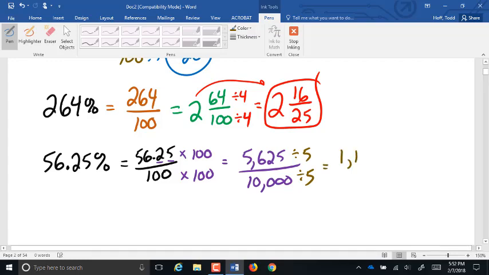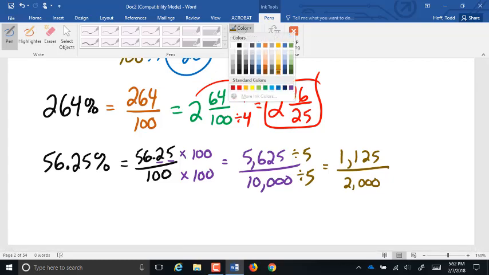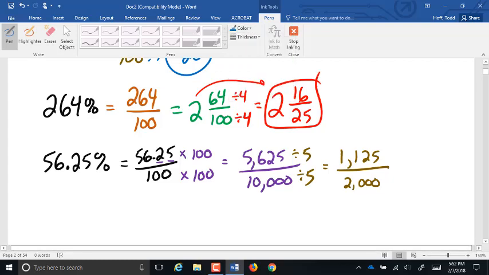So we get 1,125 over 2,000. Now we see they can both still be divided by 5, but we can shoot for something bigger. How about 25? We divide by 25, we get 45 over 80.